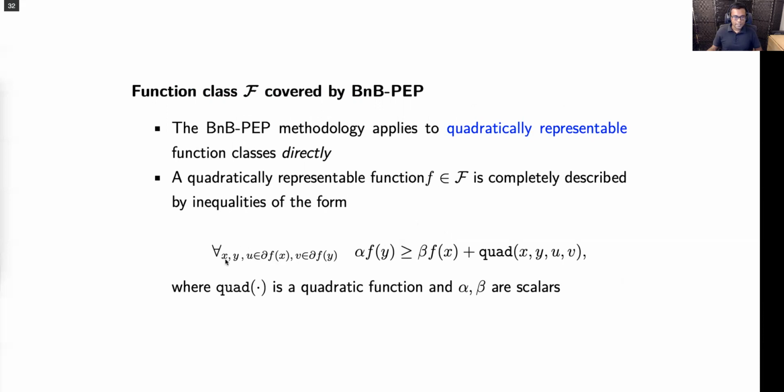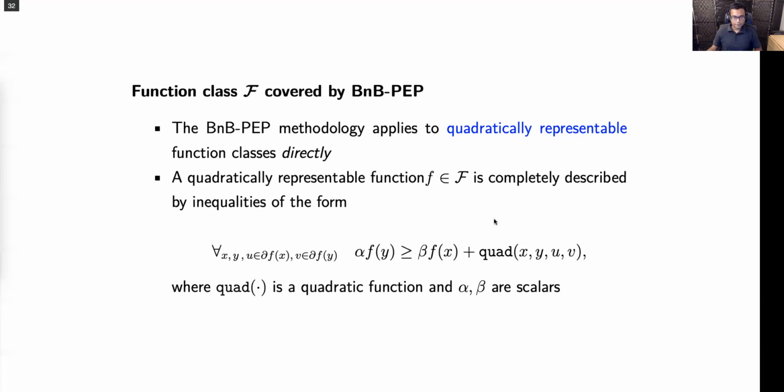If we pick any 2 points x, y, and u, v are the corresponding subgradients, then the function class can be completely described by this inequality, where alpha and beta are scalars. So alpha f(y) greater than beta f(x) plus some quadratic function in x, y, u, v.